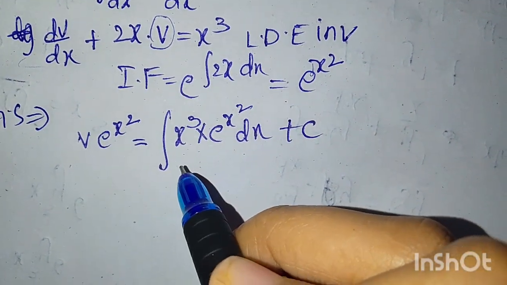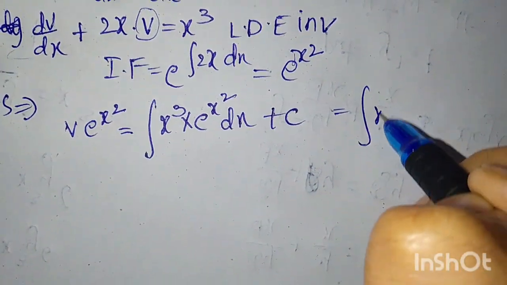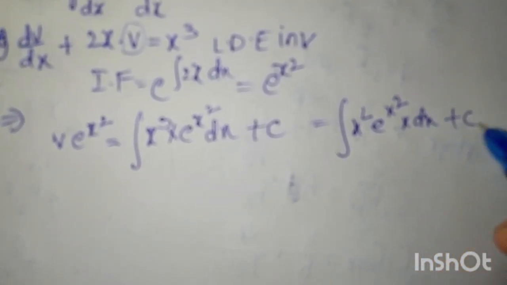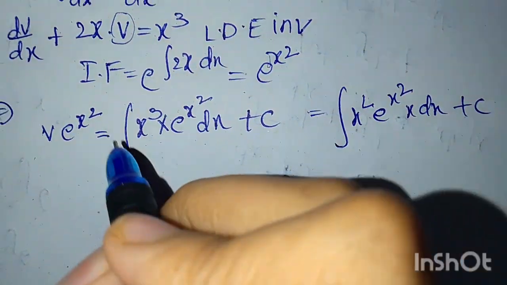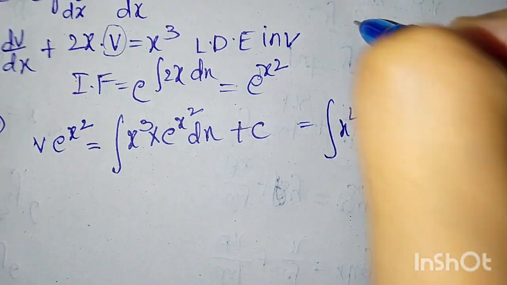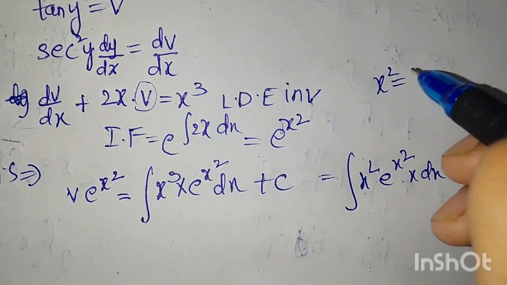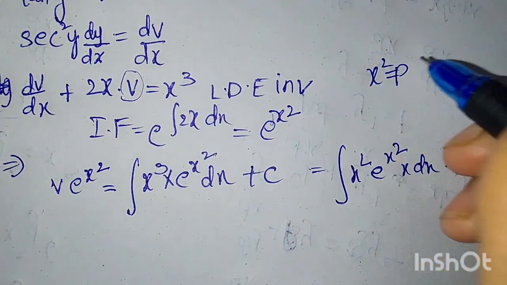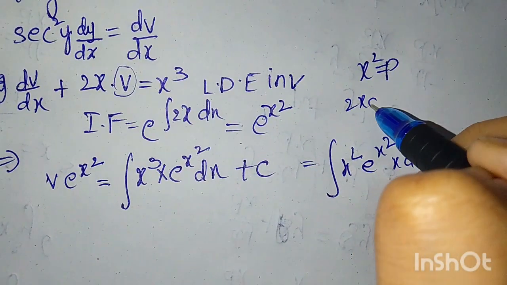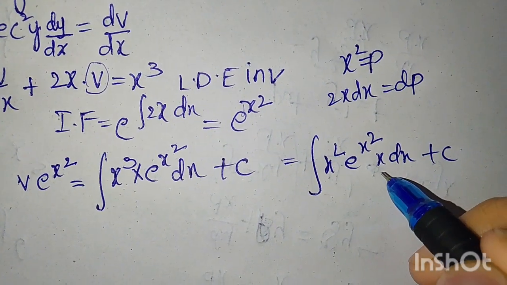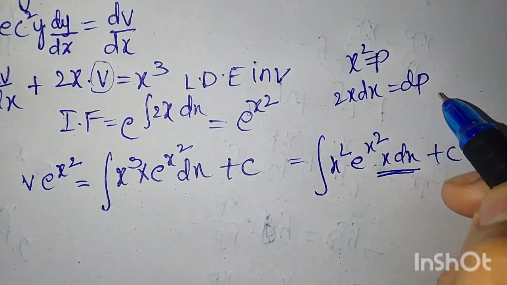So see here, I can write this in terms of x square. So I'll put x square is equal to p. So 2x dx is equal to dp. So x dx I'll write as dp by 2.